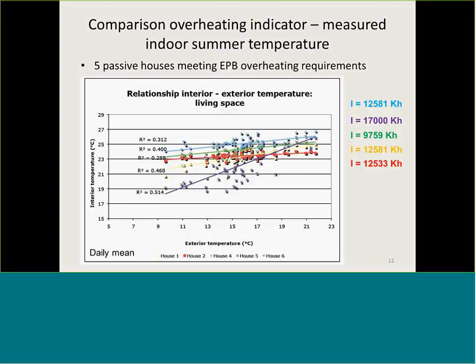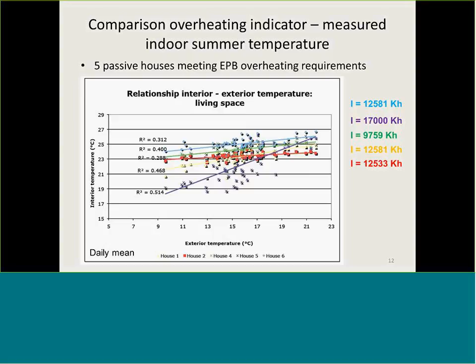I also show a comparison between the results of the overheating indicator and measured indoor summer temperatures, in this case for 5 passive houses. In all cases they met the EPB overheating requirements.